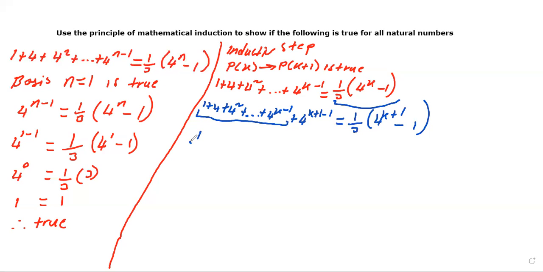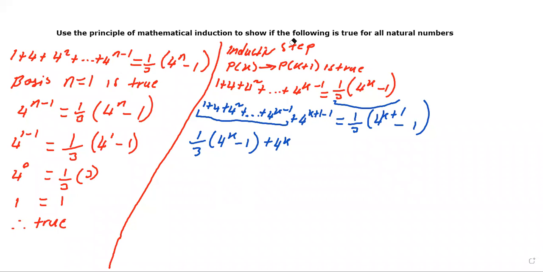So we have here 1 over 3 into 4 to the k minus 1. All right, so that's going to be used to replace this. Plus 4 to the k. All right, because 1 minus 1 is 0, so we are left with just 4 to the k.